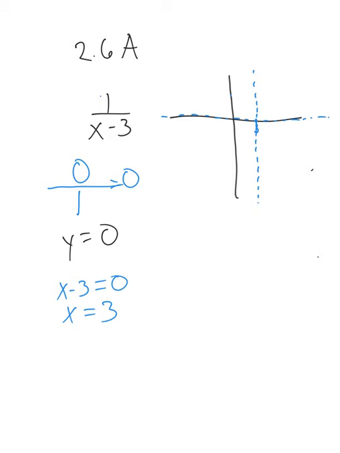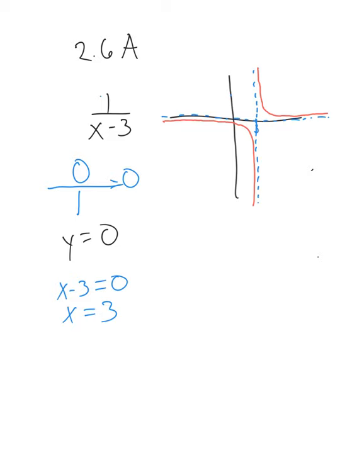It can never be 0. It's going to get close, but it will never touch, and it will go the other way too. It will get close, but it will never quite touch. And the red line is how we would graph it.